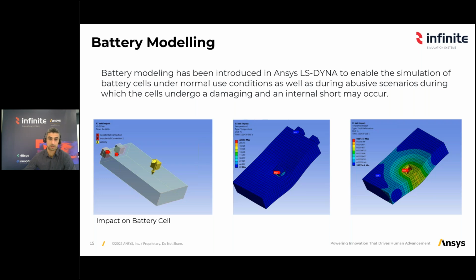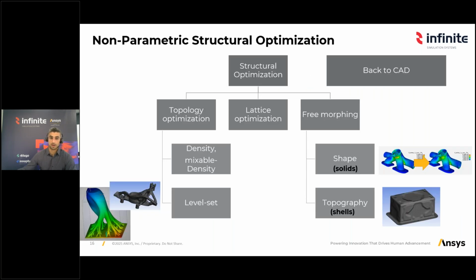Which can be interesting. Also in the domain of optimization, let's say non-parametric optimization. I think the parametric part is something else. That's something you can do within the tool. Some of you might be using the Workbench Design Explorer or optiSLang for more advanced parametric optimization.